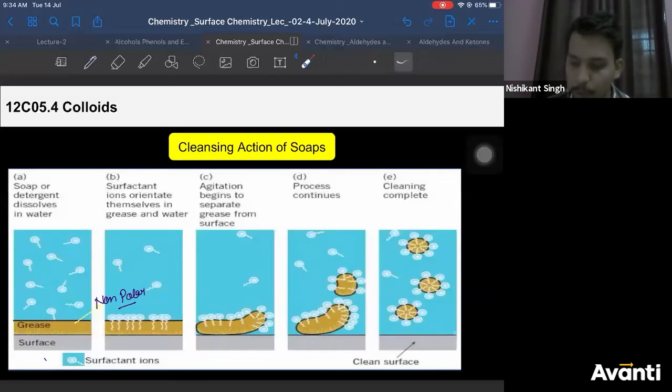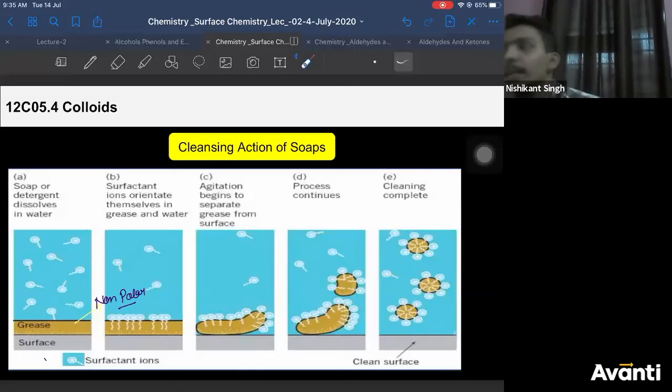So when your soap is put into the water, your hydrophobic part gets oriented towards your grease, because this grease is also non-polar, and the tail of soap is also non-polar.